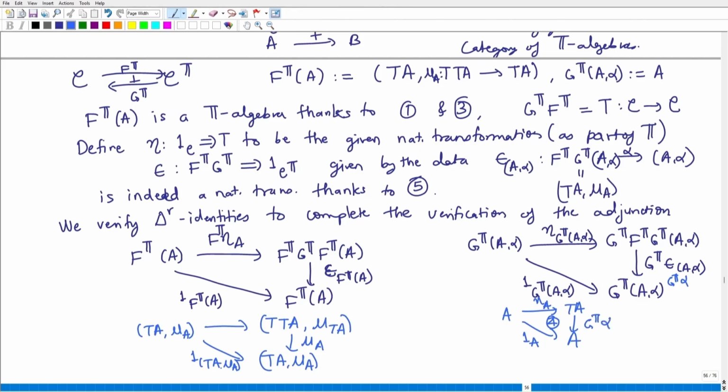What is F_T? Okay, did we describe F_T on maps? Okay, maybe I forgot to mention that. I should do that: F_T on A comma alpha, A to B, this is something I forgot. F_T on a map f is just Tf.